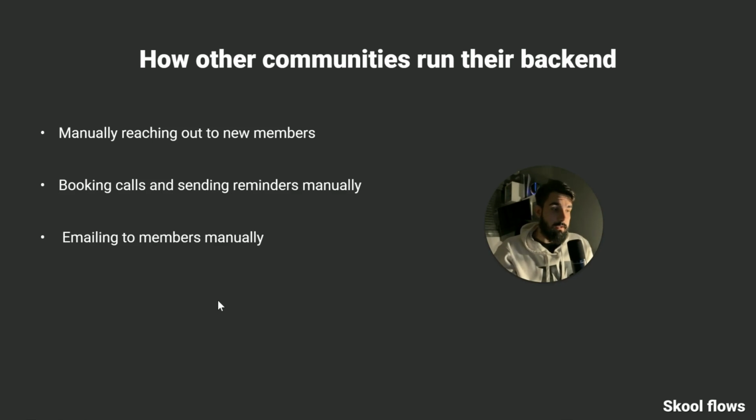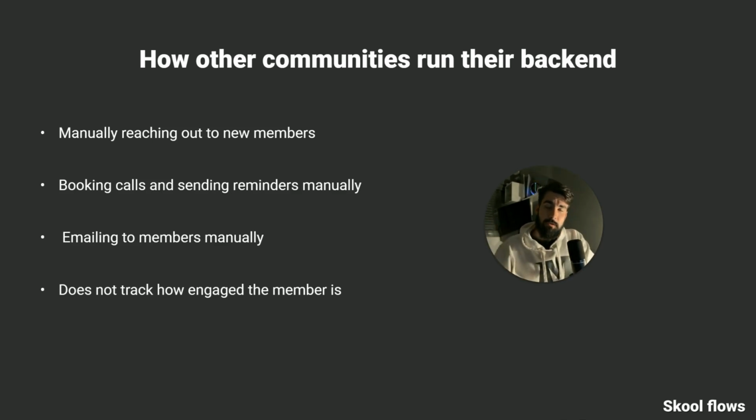Okay, next point is not tracking how engaged the member is. Without a system in place, you don't know how engaged the member is, whether they are going inside your community or engaging with your content, because with an automated system you can score the engagement. You can give scores to each lead. That's the CRM part basically.